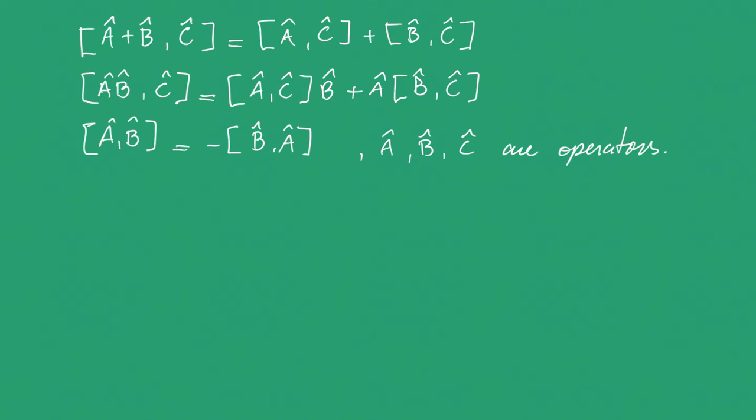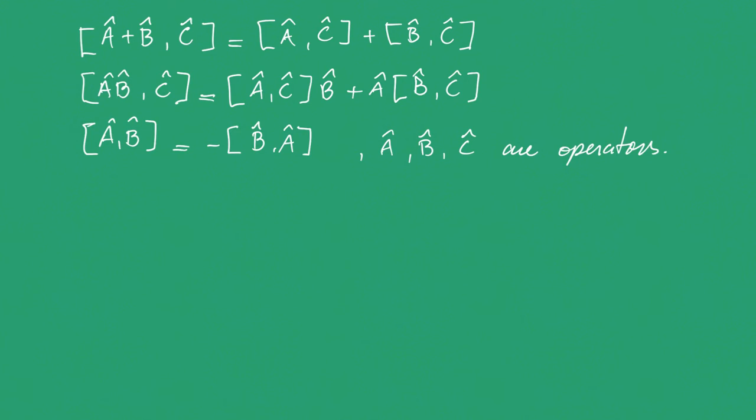I won't be going into details about these identities since it would be outside the scope of this video. But if you want to be sure about these properties, a variety of algebra books bring the proof of these identities, or you can just search for them on the internet.